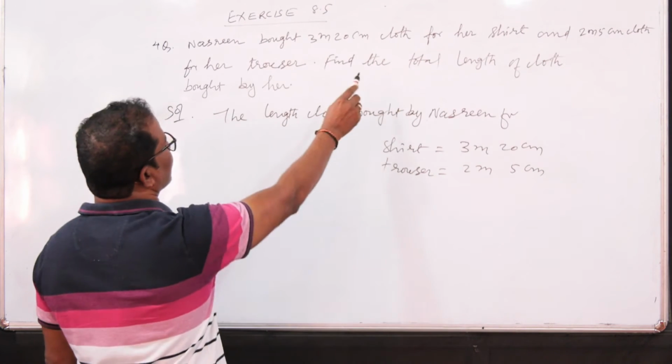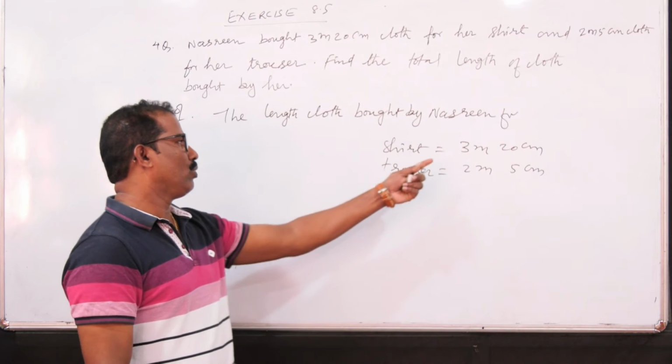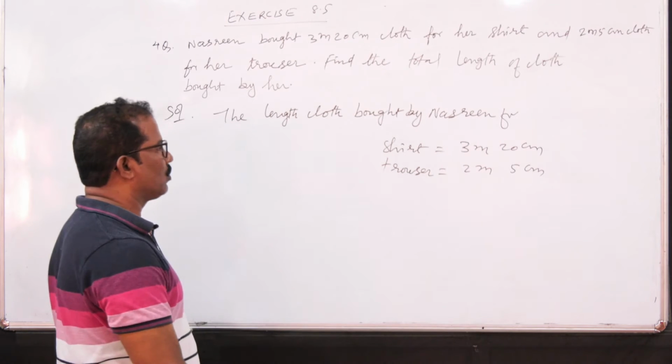The question is find the total length of cloth bought by her. Total length means both the lengths we have to add and find the total length.